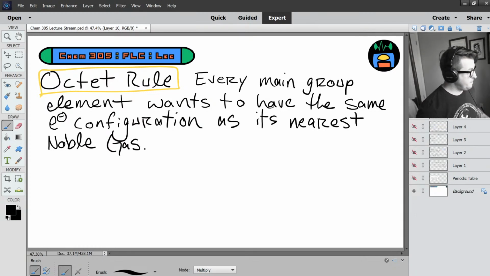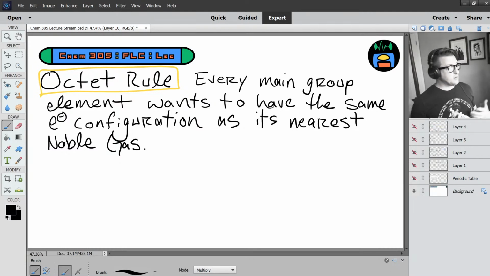Every main group element wants to have the same electron configuration as its nearest noble gas. This is the octet rule. And the drive of every atom to attain that electron configuration is what causes them to gain or lose electrons.